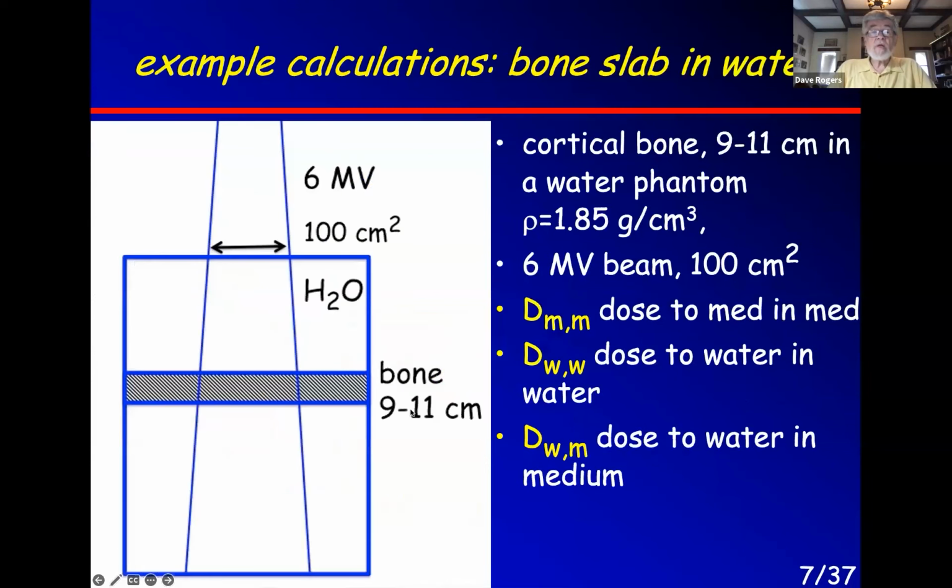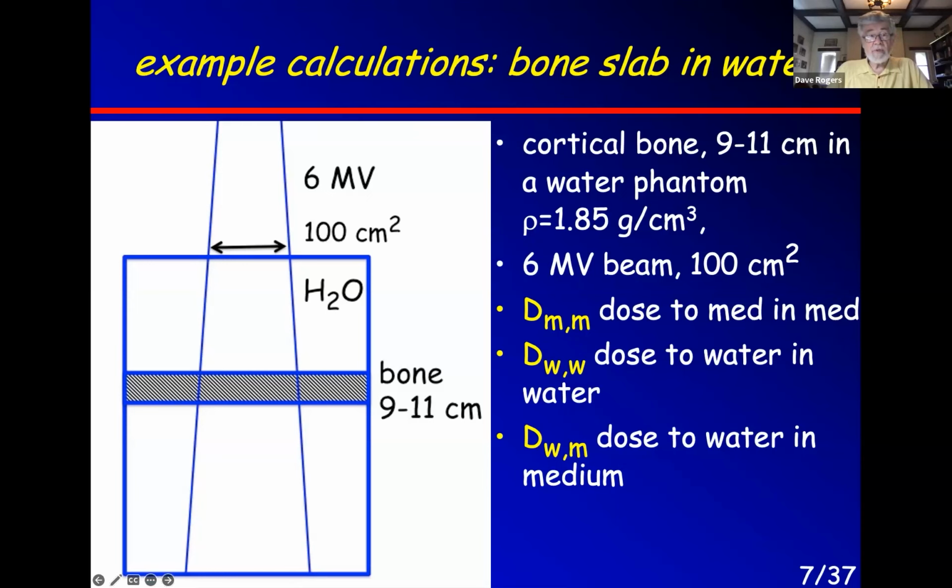So I'm going to be showing a whole series of example calculations to try and tease out some of the effects here. And I chose this particular geometry because there had been a variety of other papers using the same geometry and discussing this particular issue.